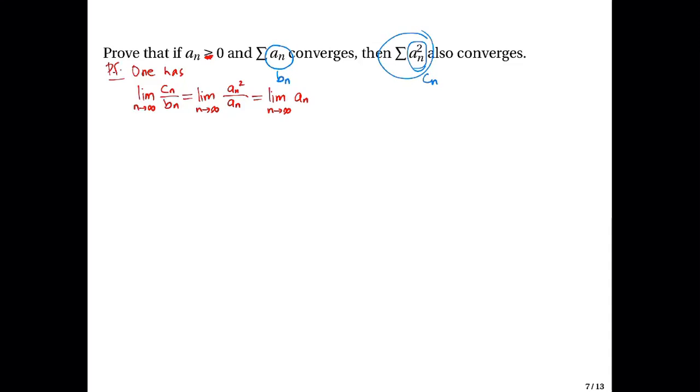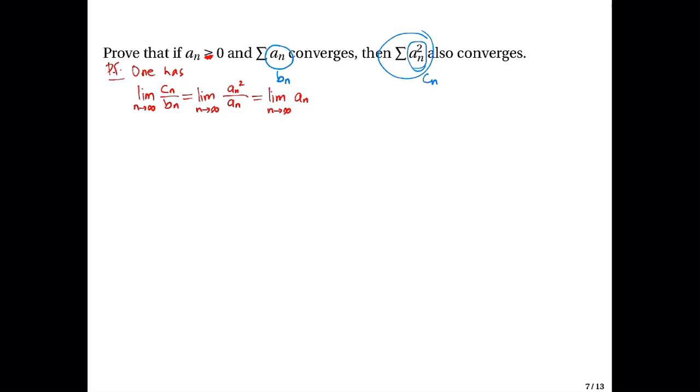Remember how we got the divergence test? The divergence test is the contrapositive of a theorem. The divergence test says if the limit is not equal to 0, then the series is divergent.